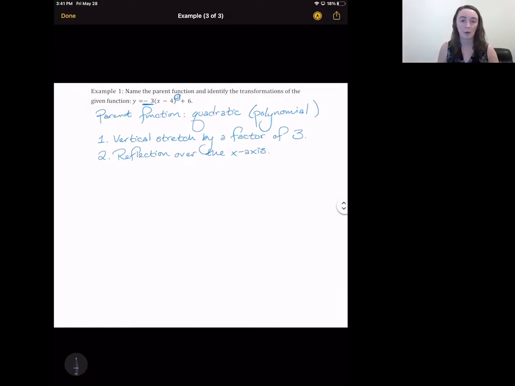Okay, let's keep going. Inside these parentheses, we have an x minus 4. Well, we know if we have a constant being added or subtracted inside those parentheses, that corresponds to a horizontal translation.